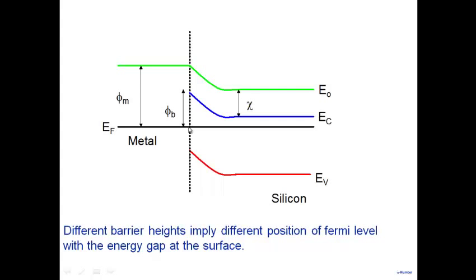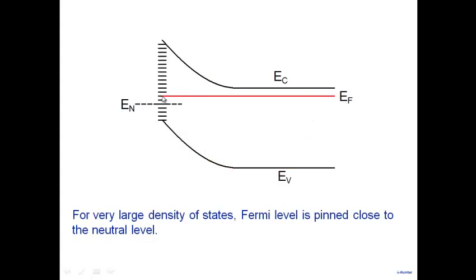It requires the Fermi energy at the surface to be at different places. Your metal and semiconductor, when they come to equilibrium, are trying to create a phi b, which is determined by phi m. But then surface states have their own agenda here. They like to make the Fermi energy very close to En. So there's one more factor which is determining where my Fermi energy at the surface is going to be.